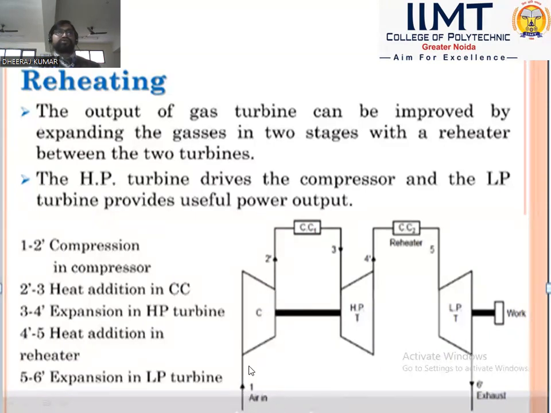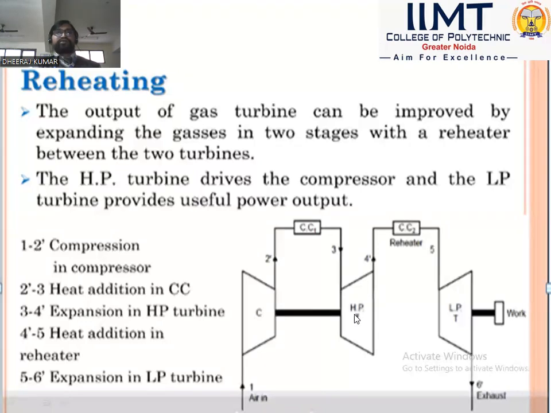1 to 2 is the compression process, which is a reversible adiabatic compression process, and 2 to 3 is the first combustion chamber where fuel is burned and hot gases are generated. These hot gases expand in a high pressure turbine and produce mechanical power.